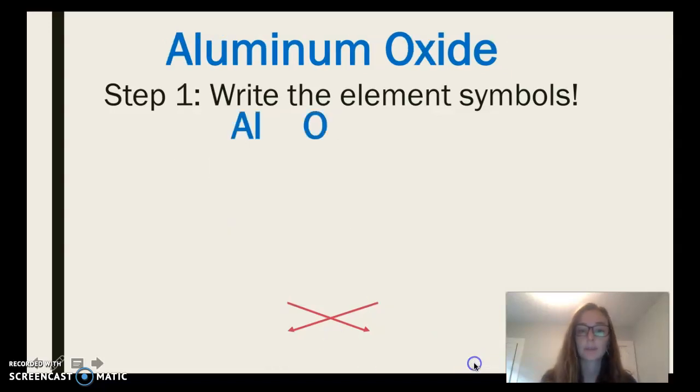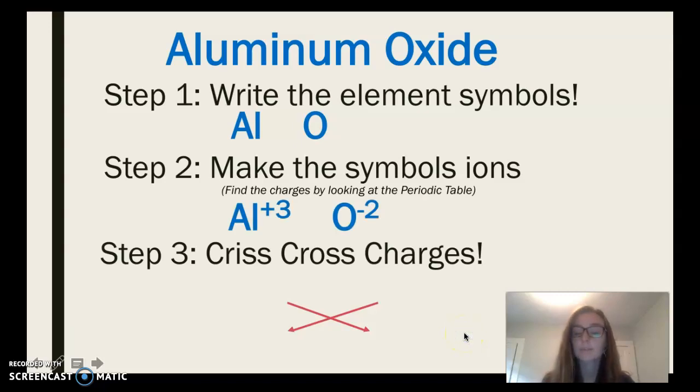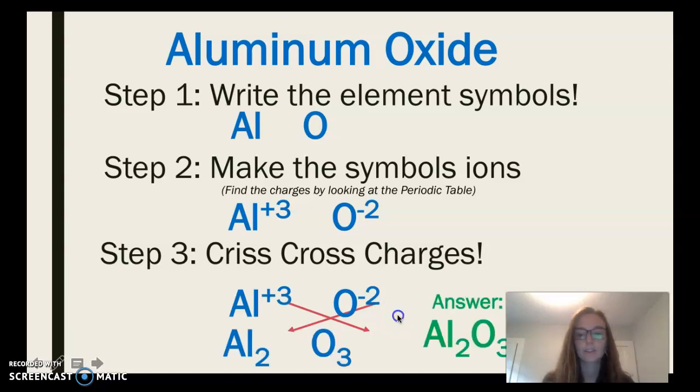Next, if I looked at aluminum oxide, I would first write the element symbols. I would make these symbols ions. If I look at the periodic table of elements, I would find aluminum has a +3 charge and oxygen has a -2 charge, and now I crisscross the charges to get Al2O3. Again, my charge from my oxygen becomes my subscript here, and my charge for my +3 becomes the subscript here.